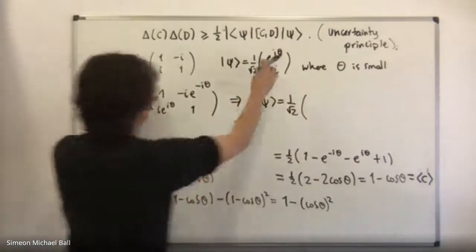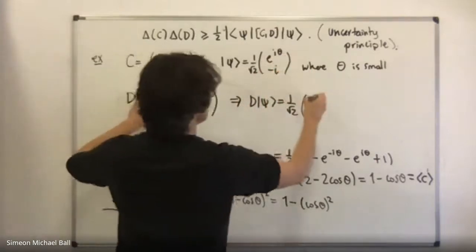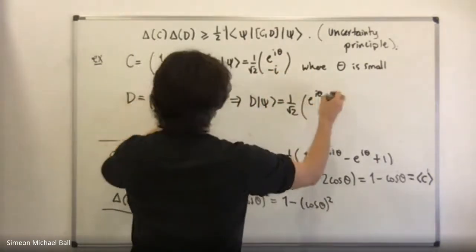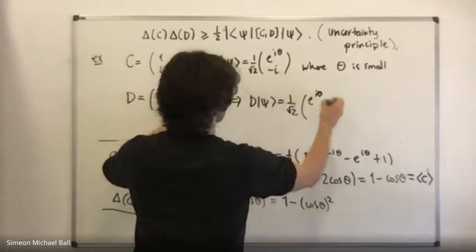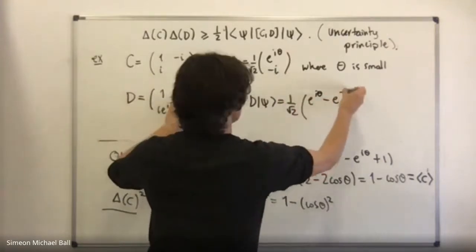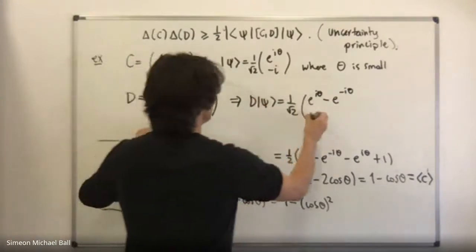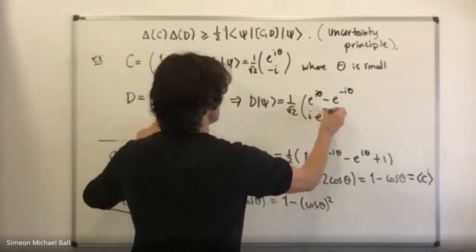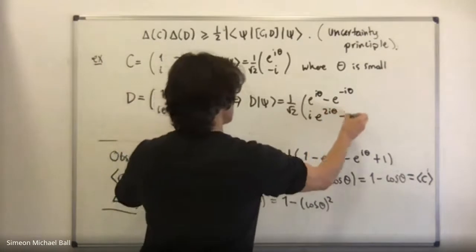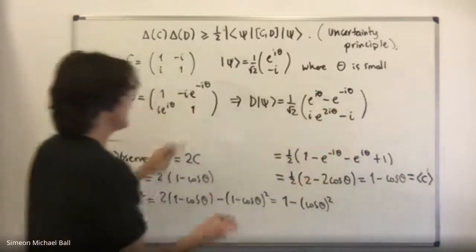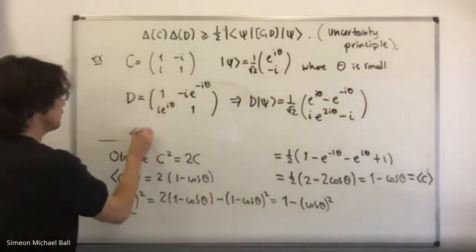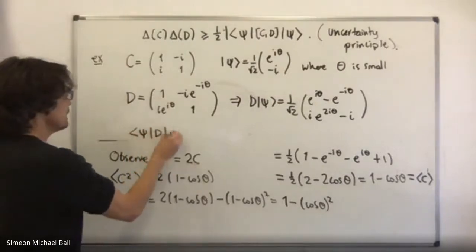So now we get e to the i theta plus i squared minus e to the minus i theta here, and below we get i e to the 2i theta minus i, and now we can calculate the average of D.